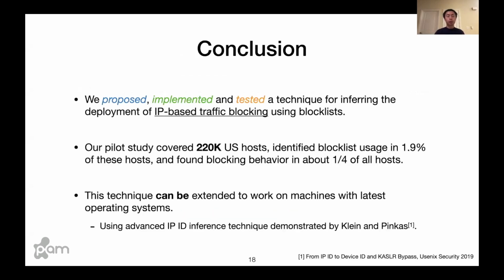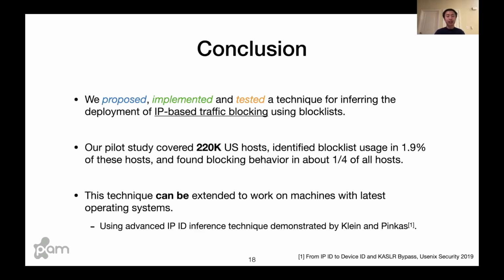In conclusion, we proposed, implemented, and tested a technique for inferring the deployment of IP-based traffic blocking using blocklists. Our pilot study covered over 200,000 US hosts, identified blocklist usage in 1.9% of these hosts, and found blocking behavior in roughly a quarter of all hosts.